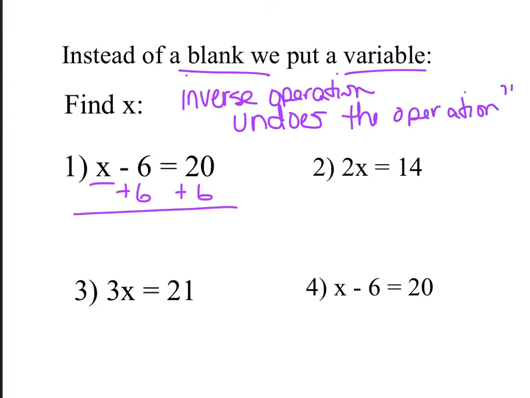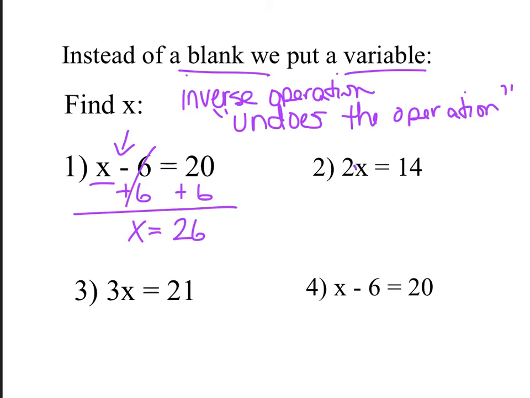And I don't mean like a surgeon operation. I mean minus is an operation. So to undo it, we need to add 6. So negative 6 plus 6 is 0, so that goes away. And we're left with 26. So that's the idea behind this. We do the inverse operation.